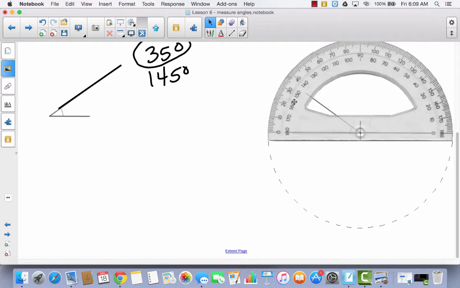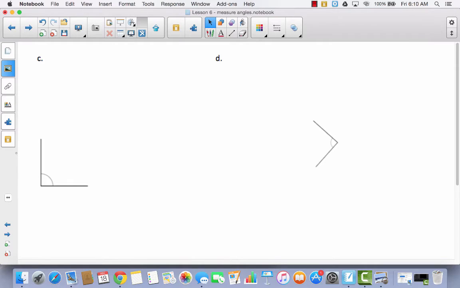So this one's just like the last one that we had. So it's either going to be 35 degrees or it's going to be 145 degrees. So when I look at this angle, is it acute or is it obtuse? Well, it's acute just like the last angle, so this angle is also 35 degrees, even though it's opening the opposite direction.